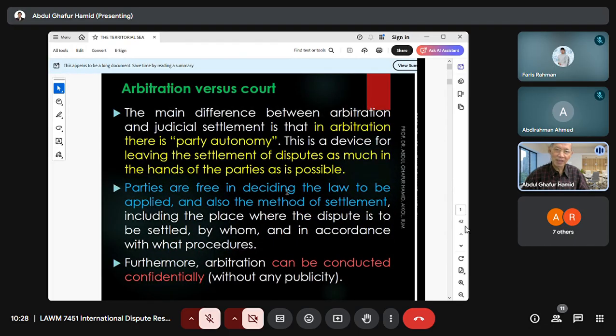Now, I will make a very brief comparison between arbitration and court. The difference between arbitration and court. Court, you know very well, right? Court system, especially in the national legal system, as well as the international legal system. In a court the judges are there already, right?